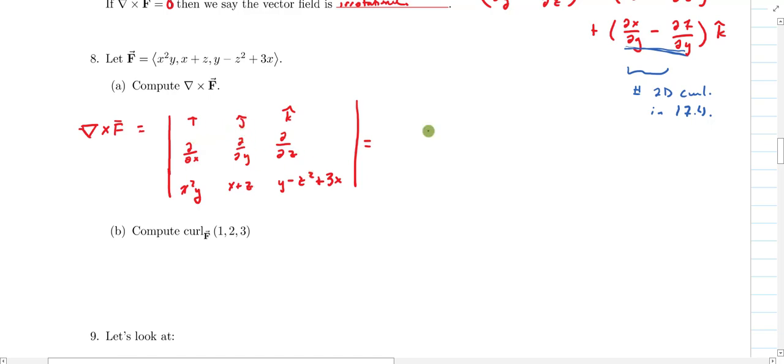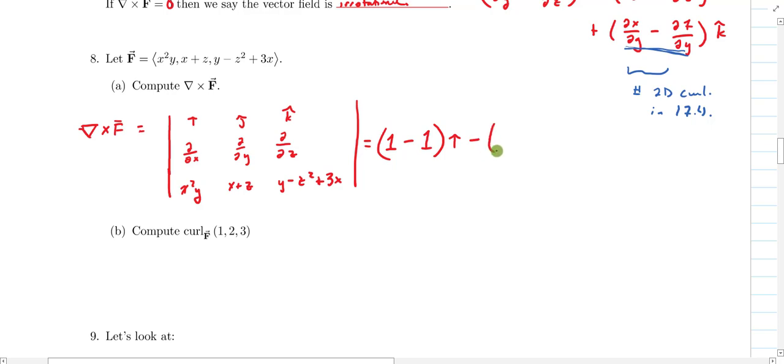So for our i hat component, we're going to take the partial derivative of this component function with respect to y, and if we do so, we get 1 minus, and then also for our i hat component, we're going to take the partial derivative of this component function with respect to z, so we get minus 1 i hat.